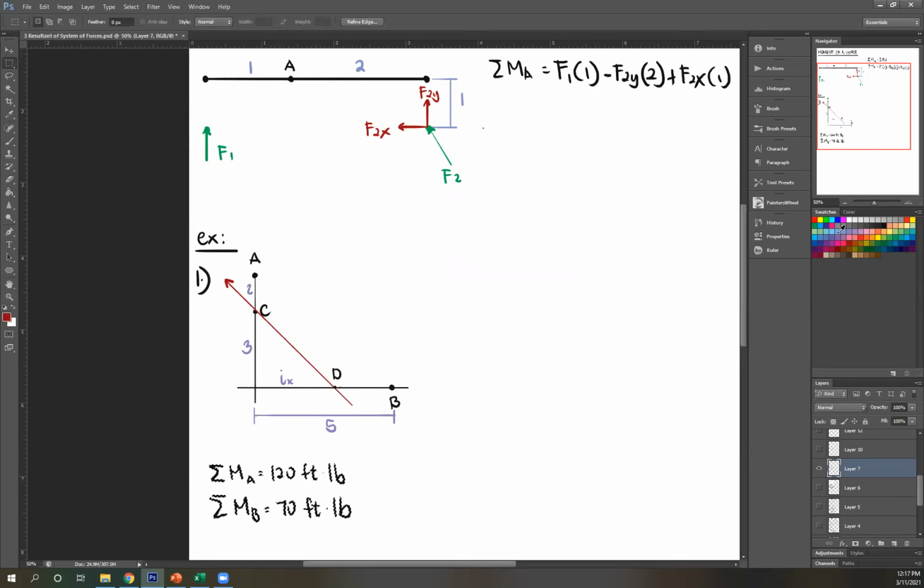So generally, I don't know actually if this line is here or here. I just place it this way for now. So to check, it's 70 foot-pound positive. Now what if I drew it this way? Will my force create a clockwise moment about B?